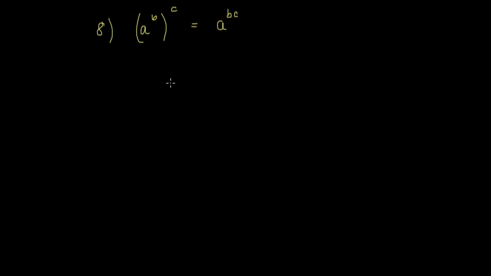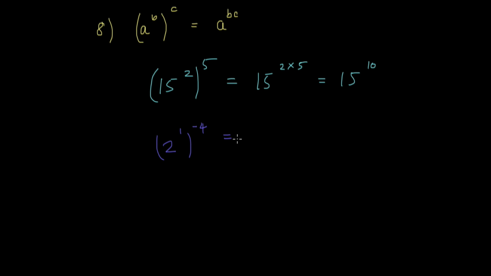So if I had 15 raised to the second power, and the whole thing raised to the fifth power, then that would be 15 raised to the 2 times 5, which is 15 raised to the 10th power. Okay, simple.